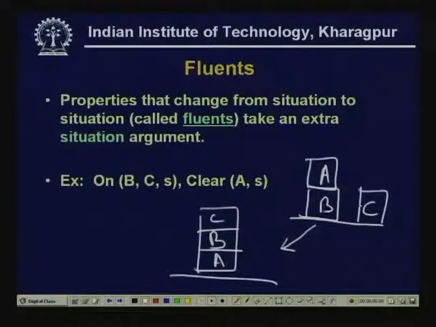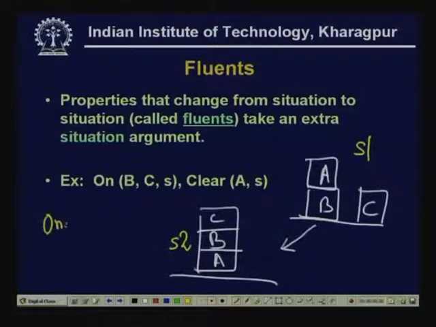Now, on AB, this proposition holds in this situation, it does not hold in this situation. So, in this case, we will specify with an extra argument. Suppose we call this situation S1, and we call this situation S2.